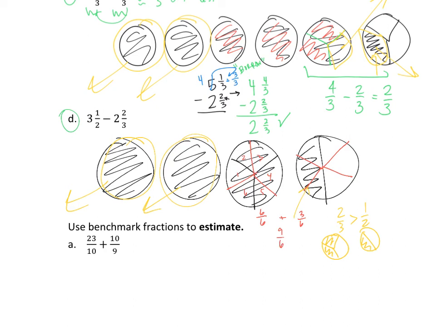And so we want to be able to take away 2/3 from that. Well, 2/3, if you break this up into 6, is 4 of those 6. So we're going to take away, how many did we say? 4/6.